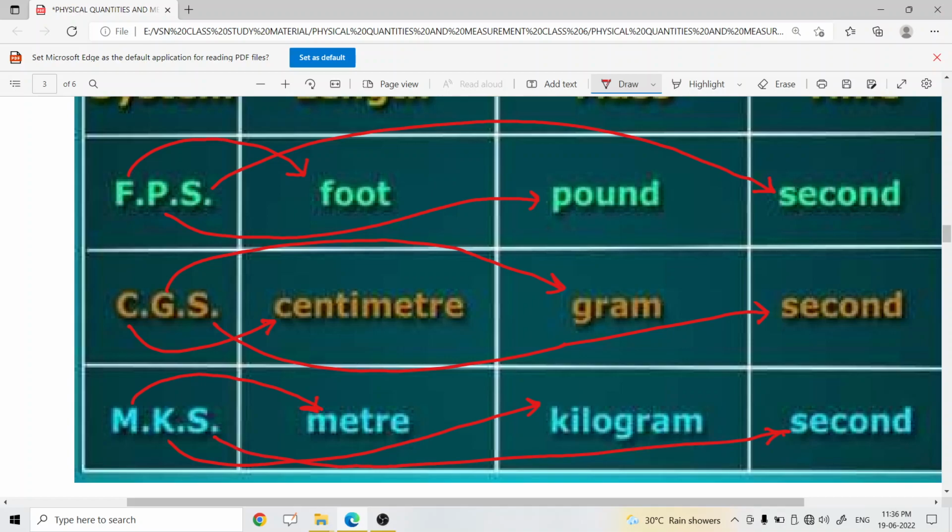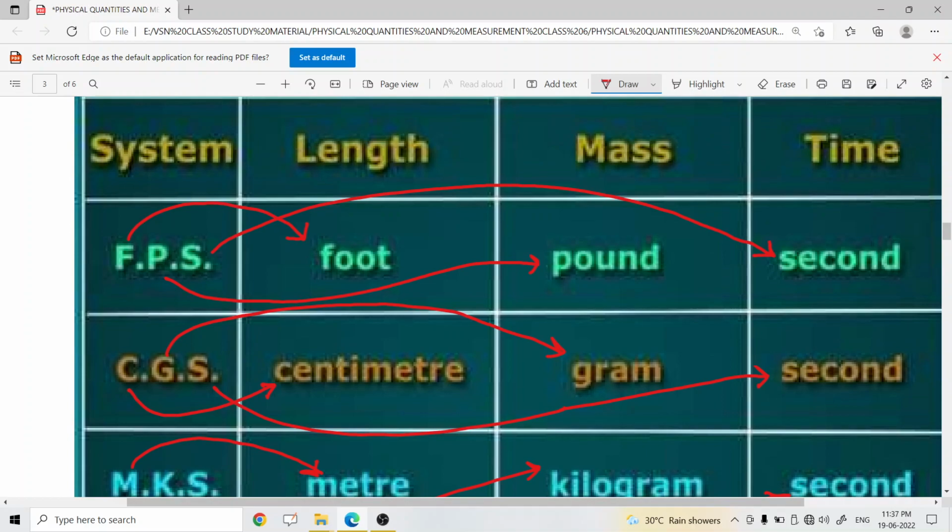So for these three systems of units, you can see that three symbols are used in the system of units, that is the units of three quantities: the first is for length, the second for mass, and the third for time.